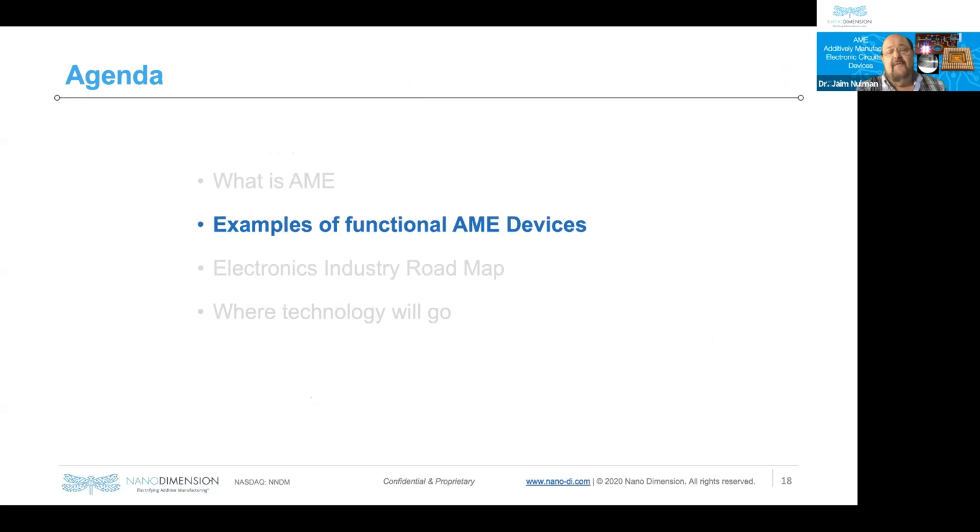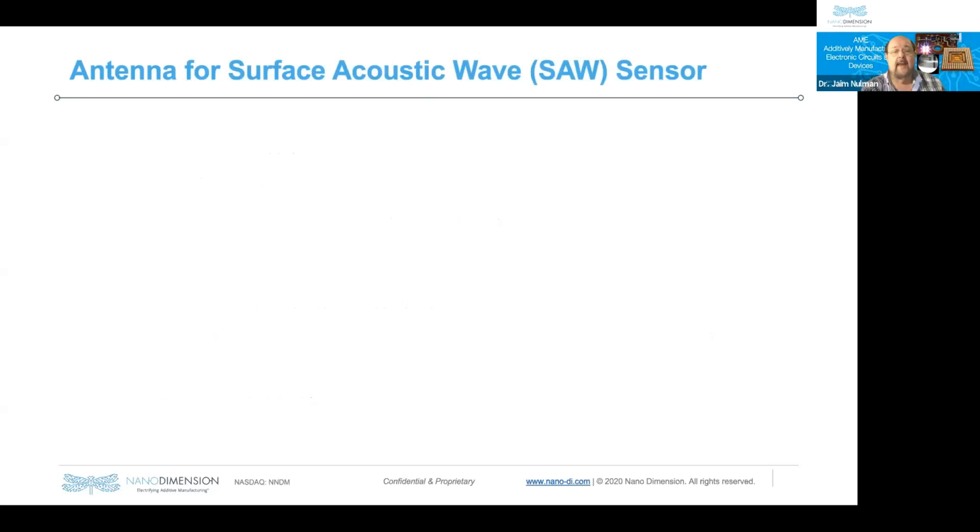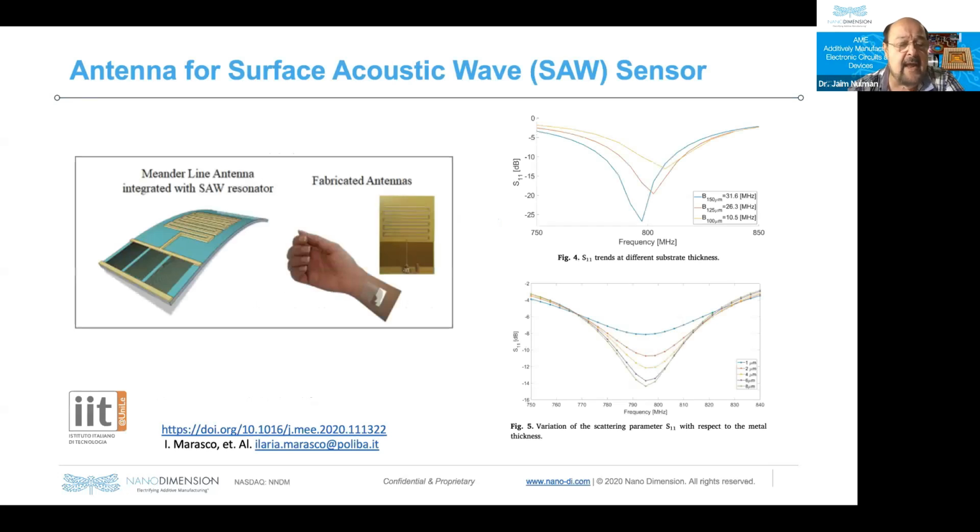Example of functional AME devices. We can start with the antenna for surface acoustic wave. It's work that was developed by the Italian Institute of Technology for some medical sensor devices. And now they have spun that off as part of a commercial company where they use the AME technology to optimize the communication and the sensors being used here.